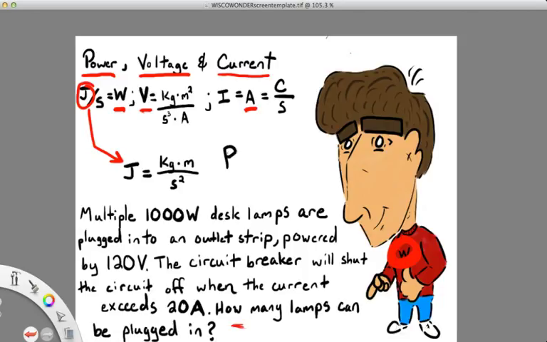power equals current. I forgot to mention current, by the way, is usually written as I. There's a couple different things that are written as I. Intensity is one of them.